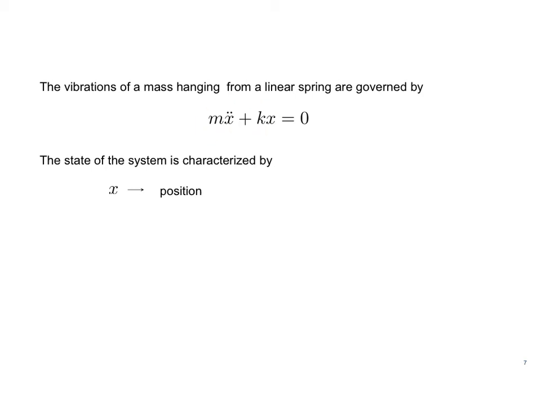Already this gives us a hint that we will have to express this equation as two ODEs of first order each. In here we can think about x as position, x dot as velocity, and x double dot as acceleration.